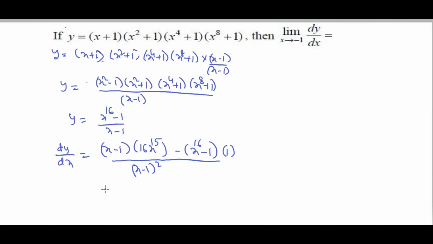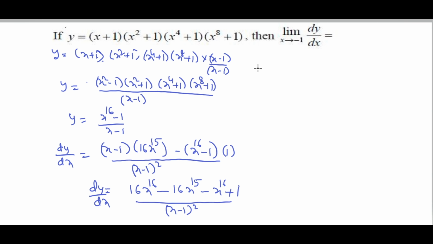That is dy by dx is equal to 16 x to the power of 16 minus 16 x to the power of 15 minus x to the power of 16 plus 1 by (x minus 1) whole square.